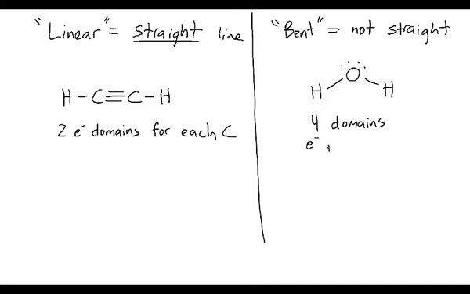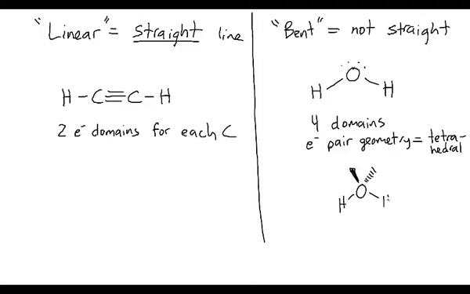So the electron pair geometry is tetrahedral. But if we imagine the oxygen being tetrahedral, tetrahedral looks like this.